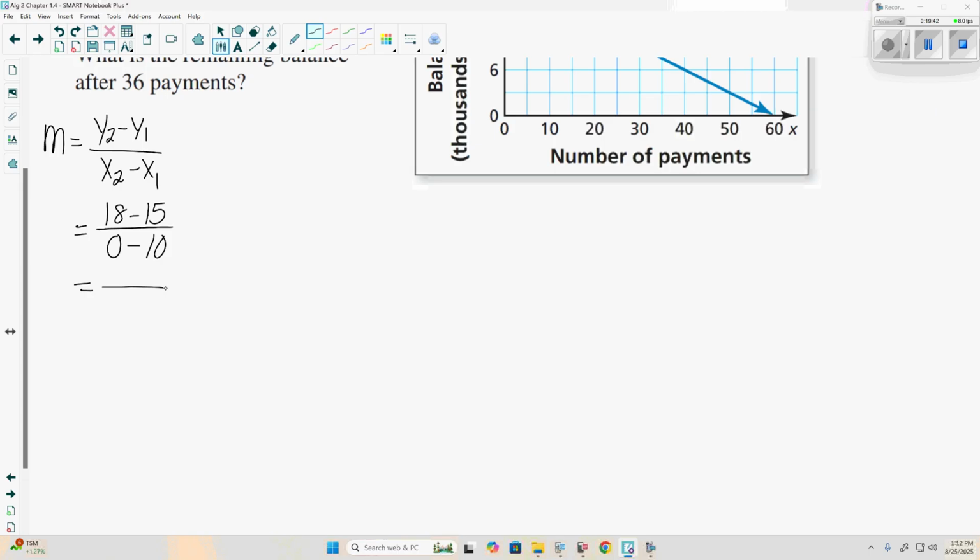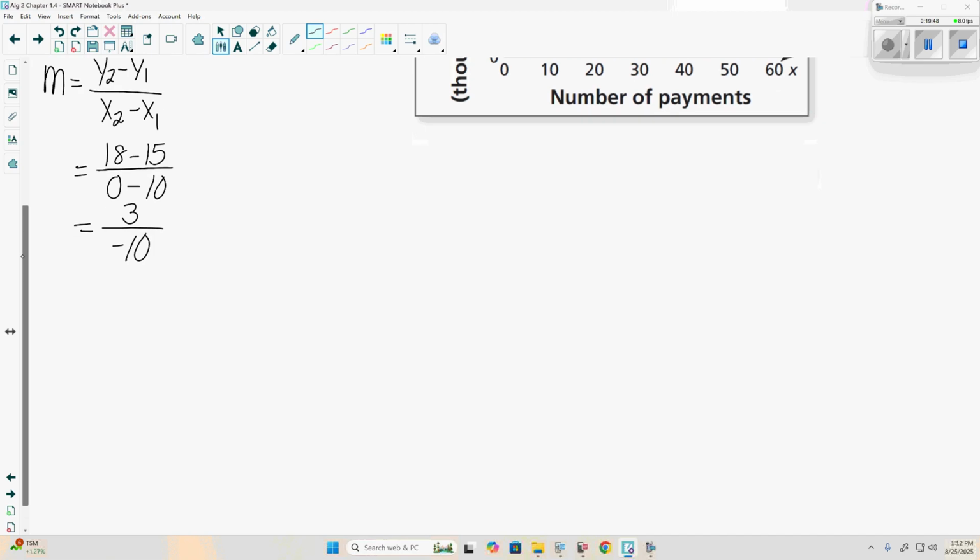Now, 18 minus 15 is 3. 0 minus 10 is negative 10. Three over negative 10, we could say negative 3 over 10. I like putting the negative on top or in front of it. I don't like leaving it on the bottom of the fraction. Questions on how we found this here?